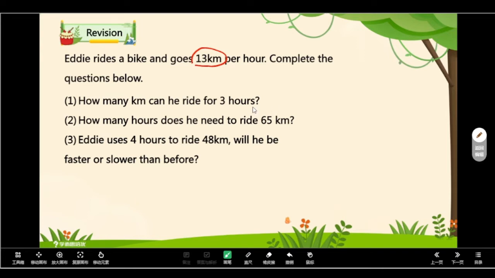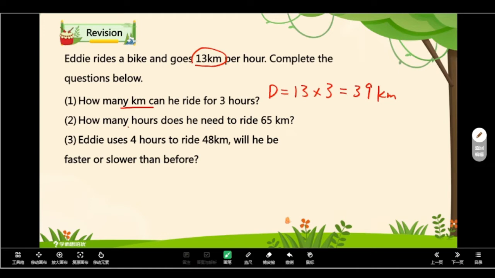What is the question asking about? Yes, asking about the distance. How many km? So, how can we calculate our distance? We can use the speed times time, and that equals 39 km. Very good.